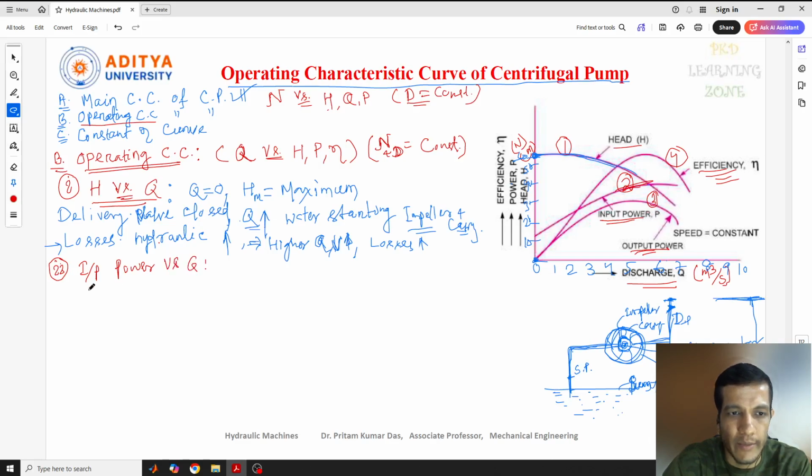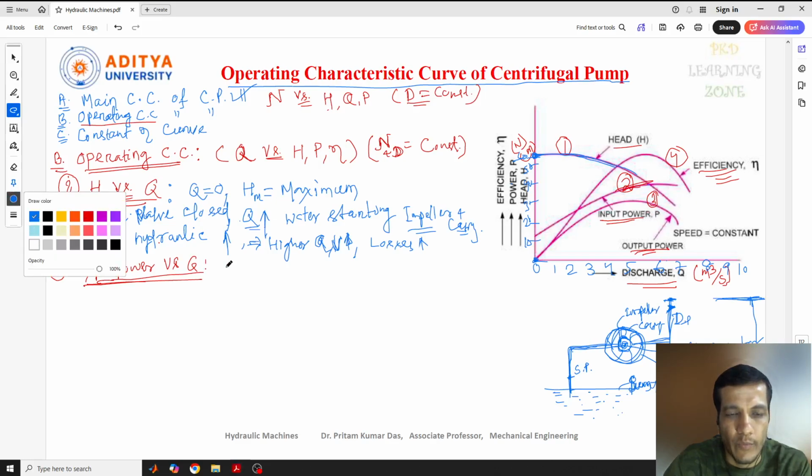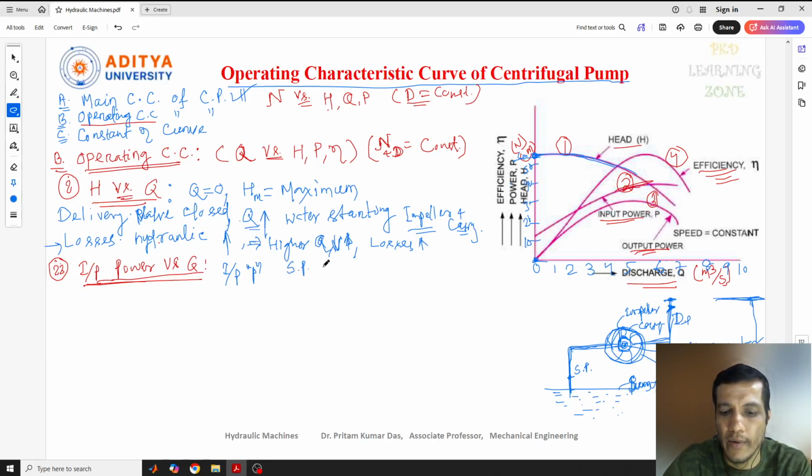So this is also similar, but slightly different, because that was head and this is power. Input power talks about the shaft power which is supplied by the motor.